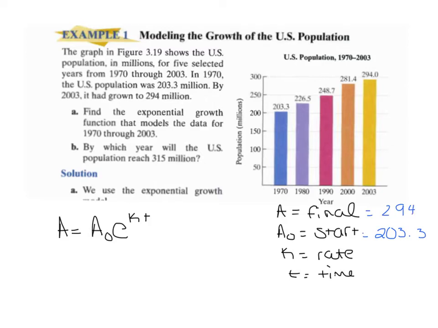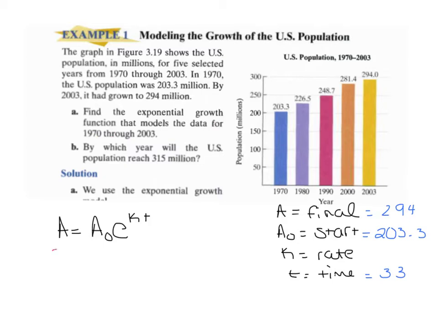We also have the time. I just need to figure out how many years are there between 1970 and 2003. 33 years. So now the only thing we're missing from the model is k. So we need to solve for k, and that helps us find the exponential growth model. Okay, so now all I have to do is direct substitution. So let's go ahead and do that.